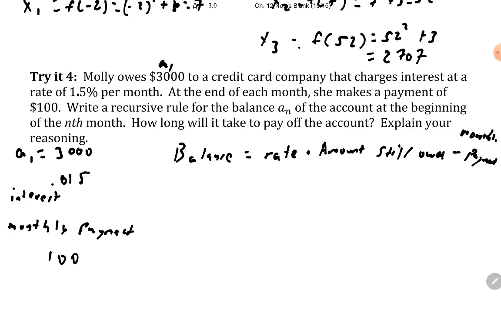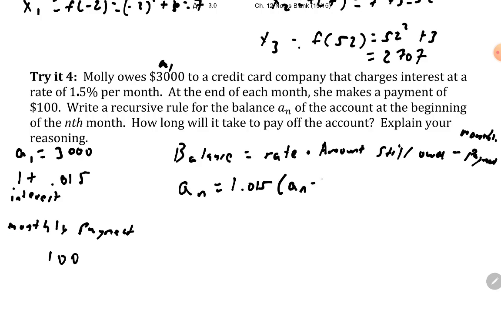Because the interest is added on what is still owed, and then we make a $100 payment at the end of each month, so we subtract 100. So this is how the equation will look. I'm going to add a 1 to my interest rate because we're adding the interest on, so 1.015 times the original amount.